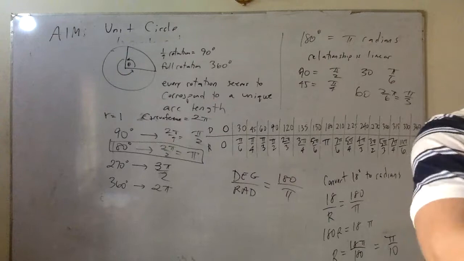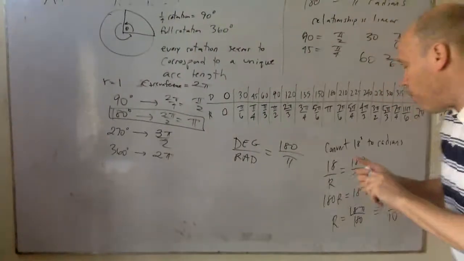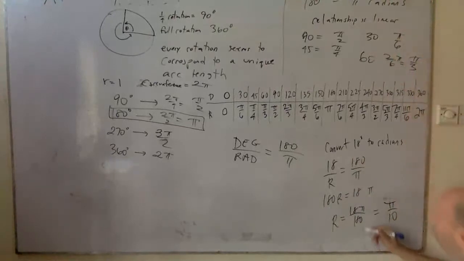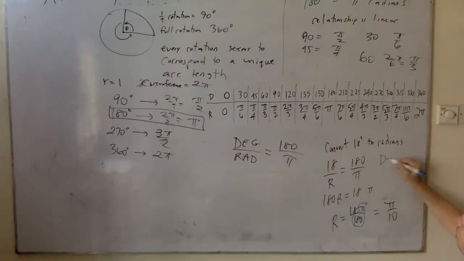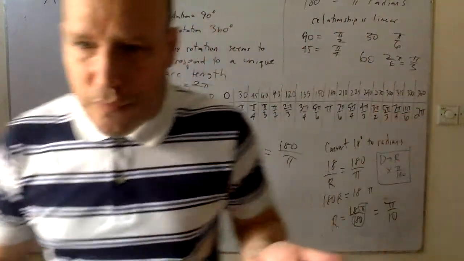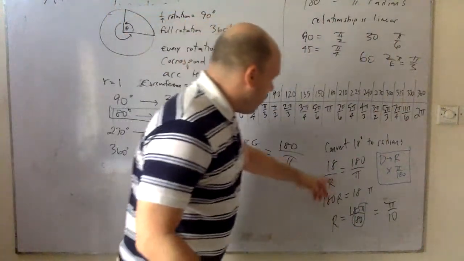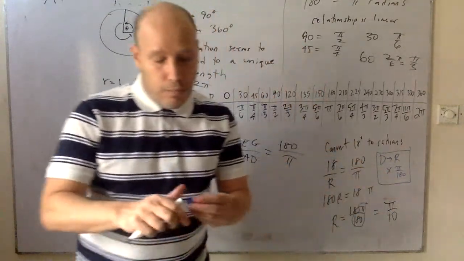But some of you might say, hey, Mr. Adler, can't we just take the degrees and multiply by pi over 180? The answer is yes. To go from degrees to radians, multiply by pi over 180. That's what the books say. Some of you have learned this before.